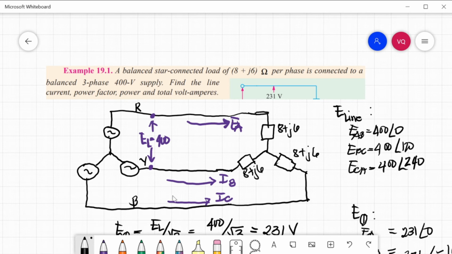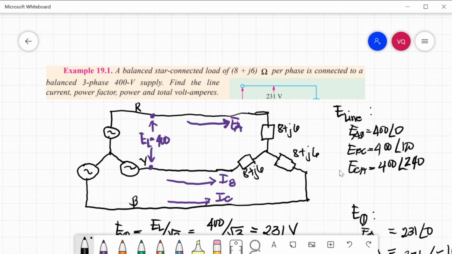So if we are going to draw the circuit diagram of this problem, we have the sources here, and also the lines, which is, this one is A, not RYB. Line A, line B, and line C. Each line-to-line voltage is 400 volts.